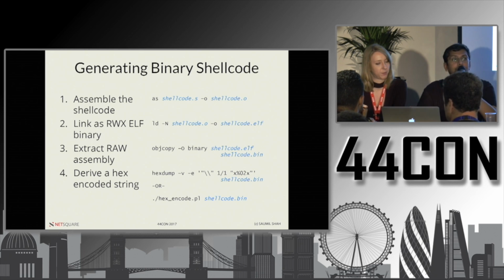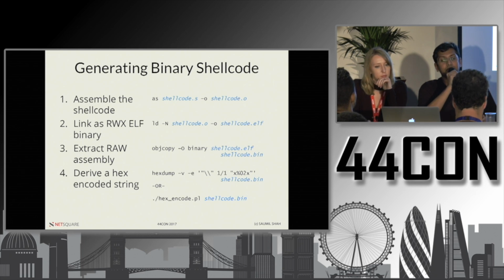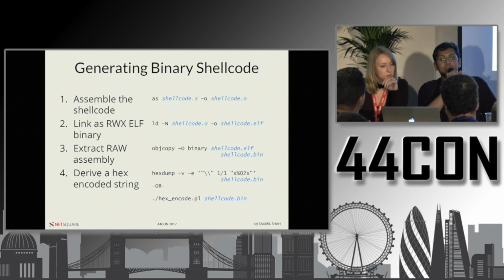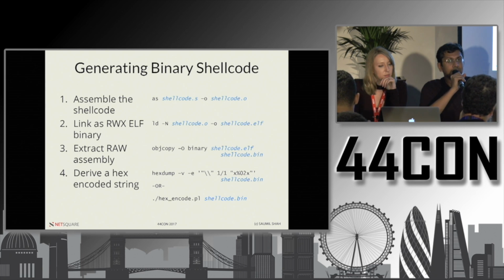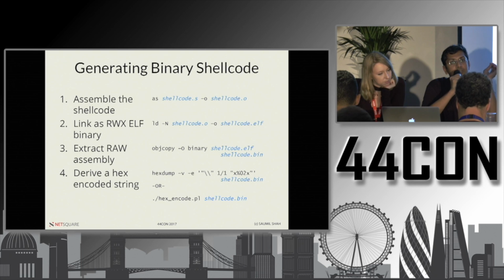You assemble the shellcode, you link the shellcode as an RWX binary. Then we use the objcopy command, objcopy -O binary, on the ELF file, and then it will output a bin file. The bin file will only contain the raw bytes of the shellcode.